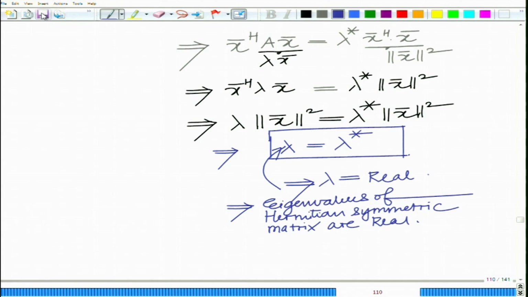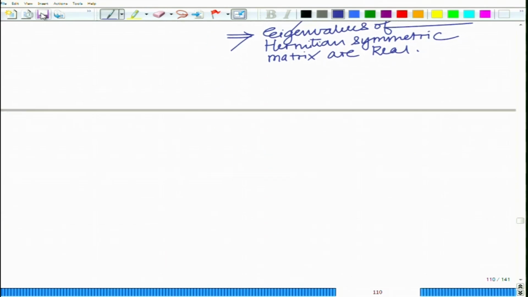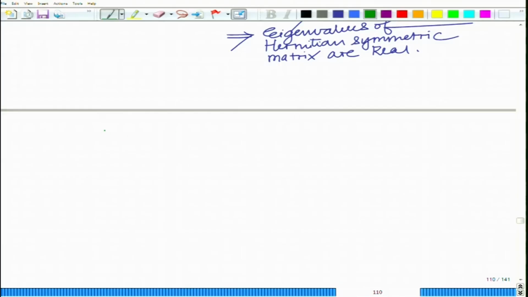Now, how about eigenvectors of a Hermitian symmetric matrix? Eigenvectors of a Hermitian symmetric matrix satisfy an interesting property, that is, eigenvectors of a Hermitian symmetric matrix corresponding to distinct eigenvalues are orthogonal, that is, their inner product is 0. We will demonstrate this fact. So, this is property number 2, and both these properties of Hermitian symmetric matrices are very interesting and have immense utility.